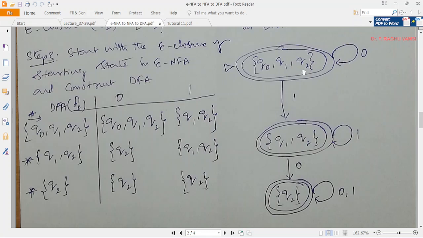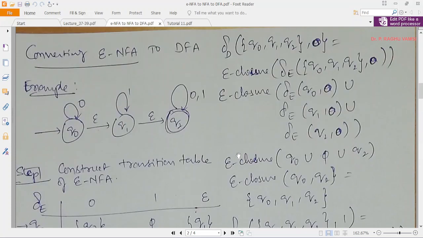Unlike previous diagrams, it is not going into multiple states. This is true for all states in the given transition diagram. Hence it is a DFA, deterministic finite automata. So in this lecture, we have seen the conversion of epsilon-NFA to DFA.